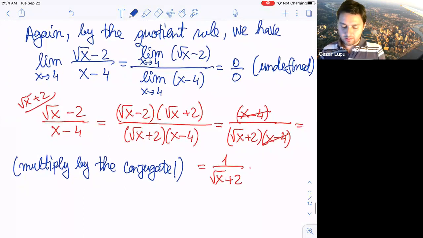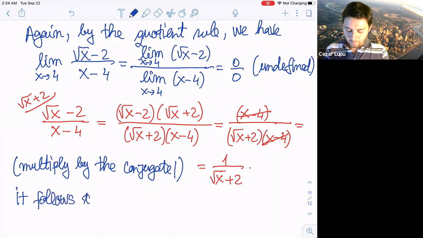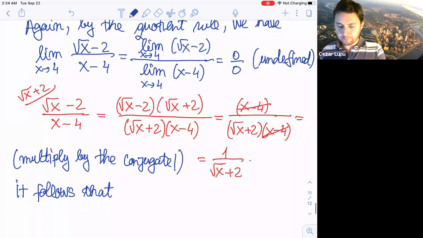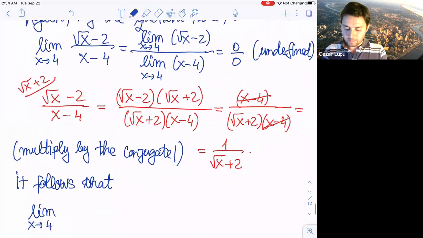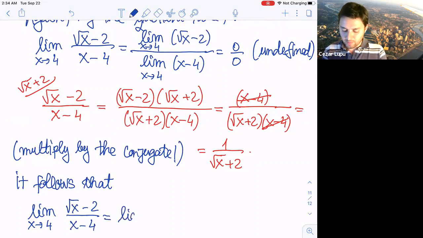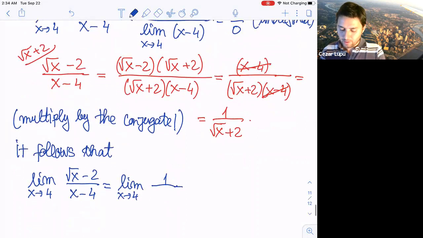And since we do this, it follows that the limit as x approaches 4 of the square root of x minus 2 over x minus 4 is nothing else than just the limit as x approaches 4 of 1 over square root of x plus 2.